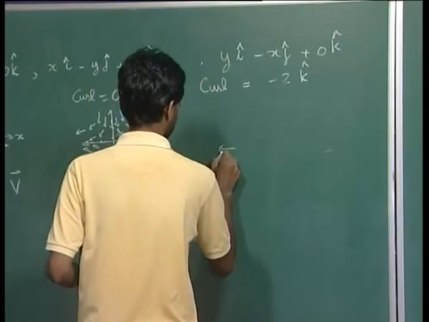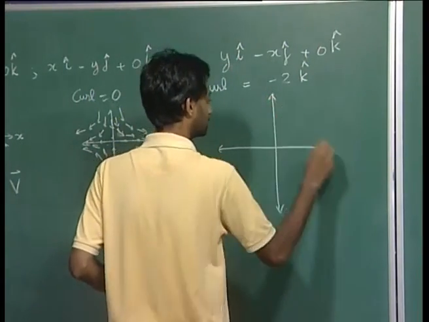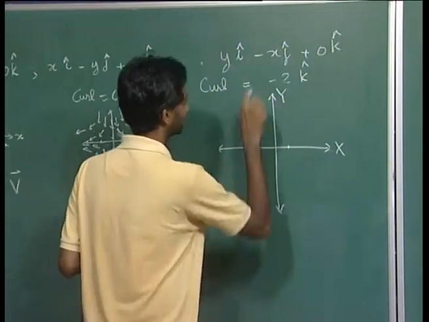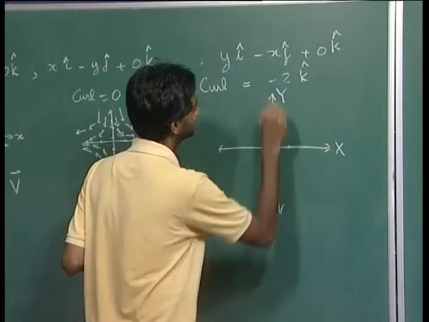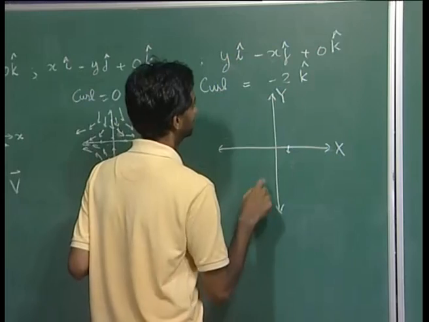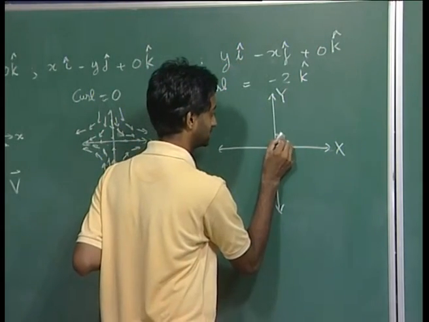So, if you plot this field, what you will get is the following. When x equal to 1, y equal to 0, this points along minus j. So, it points along this direction. When x equal to 0, y equal to 1, it points along plus i.